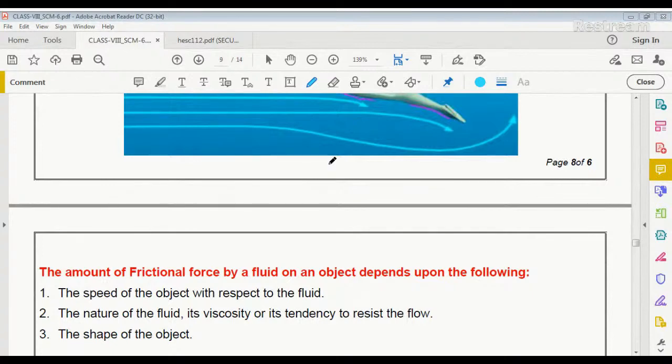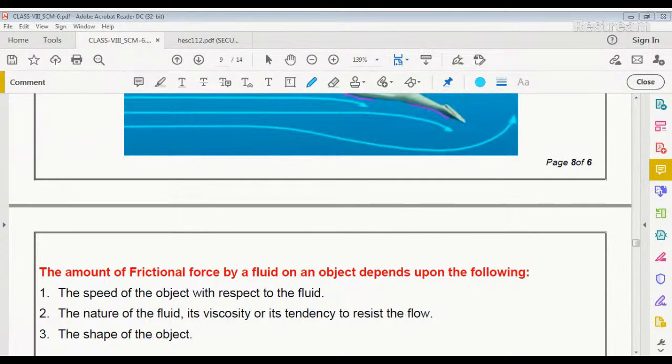So in total, the frictional force on an object in a fluid depends on its speed with respect to the fluid, and also on the shape of the object and the nature of the fluid.